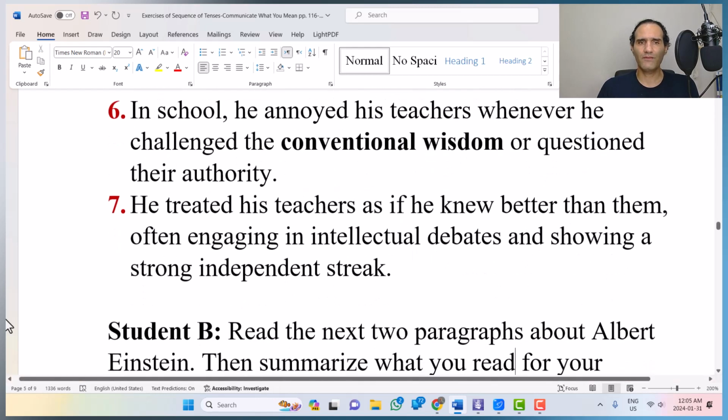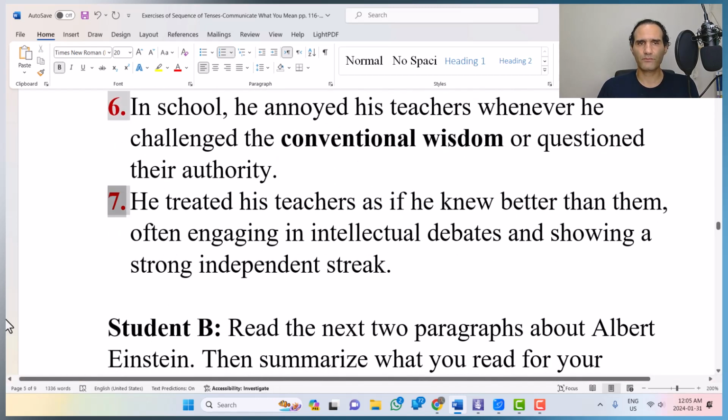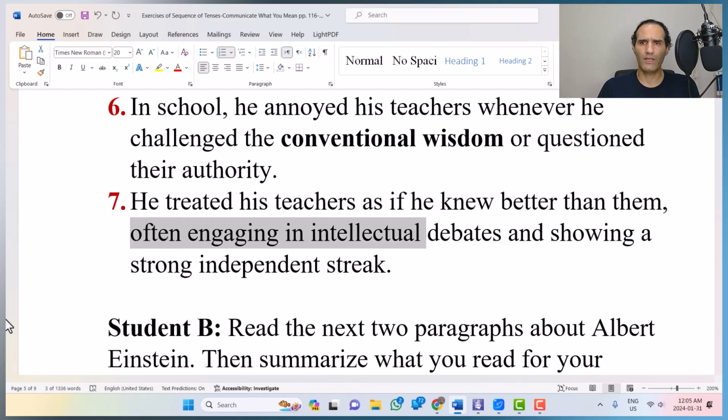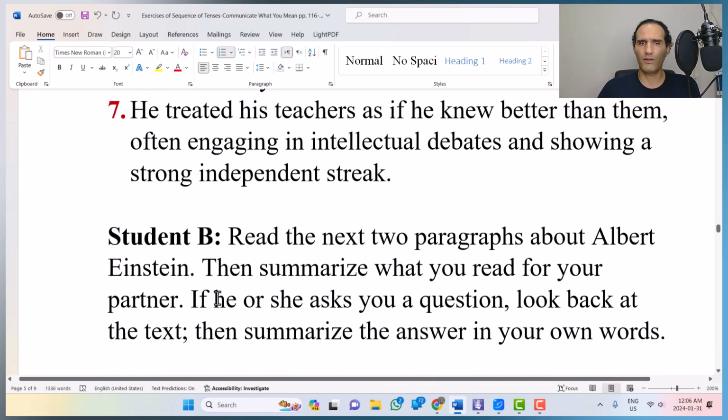And number 7, he treated his teachers as if he knew better than them, often engaging in intellectual debates and showing a strong independent streak. Okay, independent streak or independent point of his personality. It means he was not dependent on the teachers.